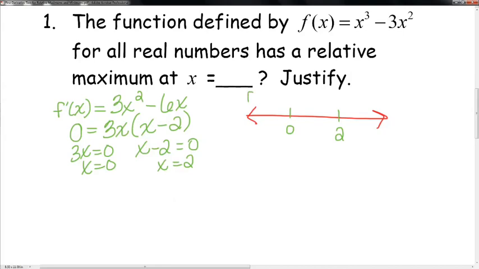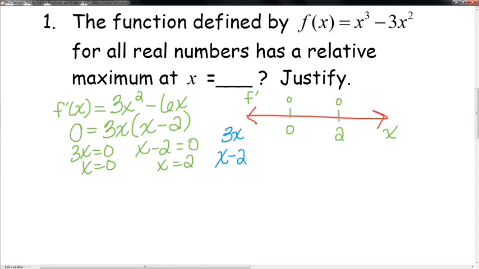And we're going to be comparing our f prime. Down here are x's. Okay, and these are the values that make our f prime 0. And let's go ahead and list our factors. So we have 3x, that's one of our factors, and x minus 2 is the other.